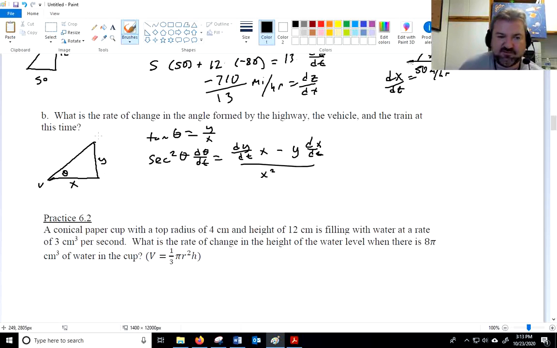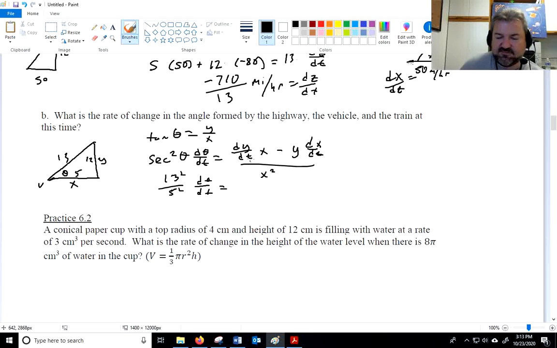We know that this was a 5, 12, 13, so that's the ratio that everything's in. And I can use that for my secant. Secant is cosine flipped over, so cosine would be 5 over 13. So flip it over, you get 13 over 5. Square it, so I'll just leave it as 13 squared over 5 squared for right now.